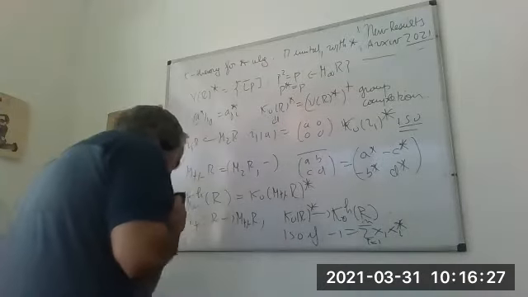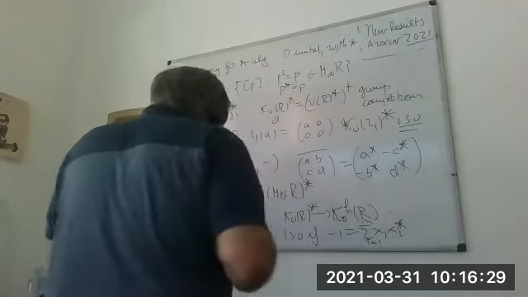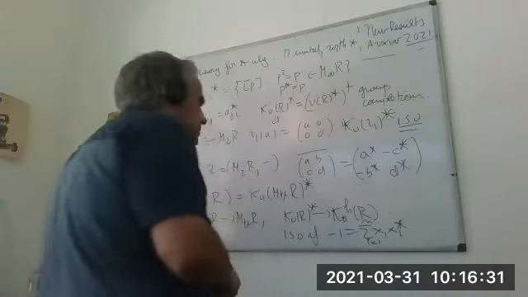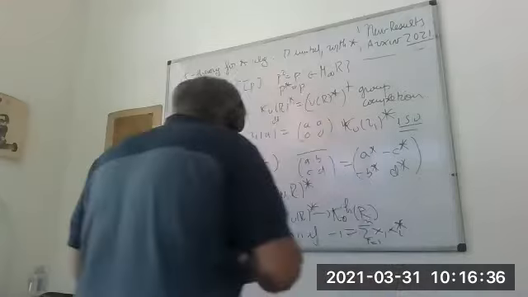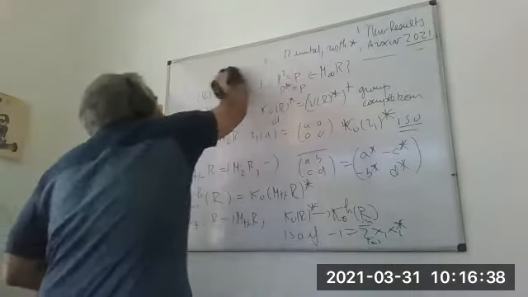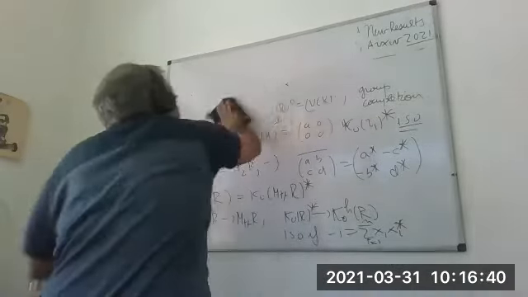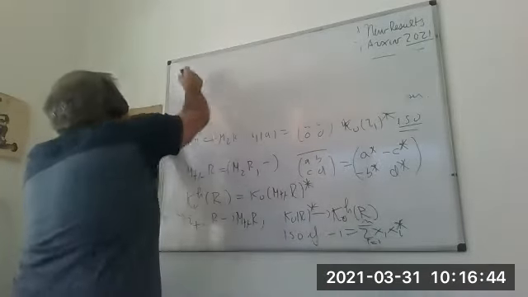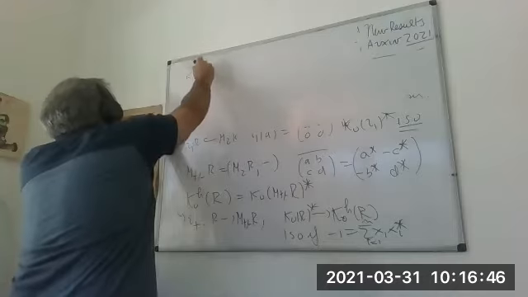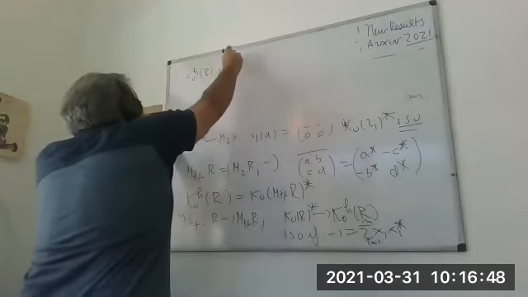And what happens is this K0H of R is also a W module.